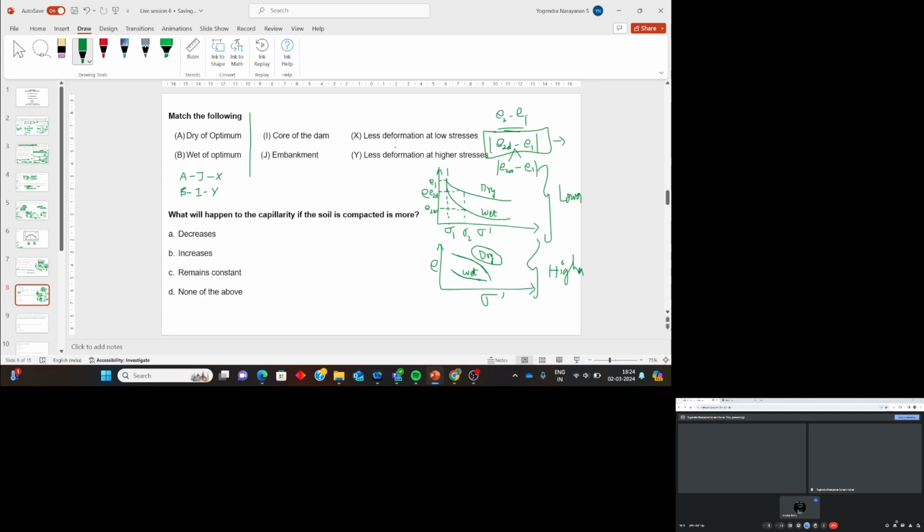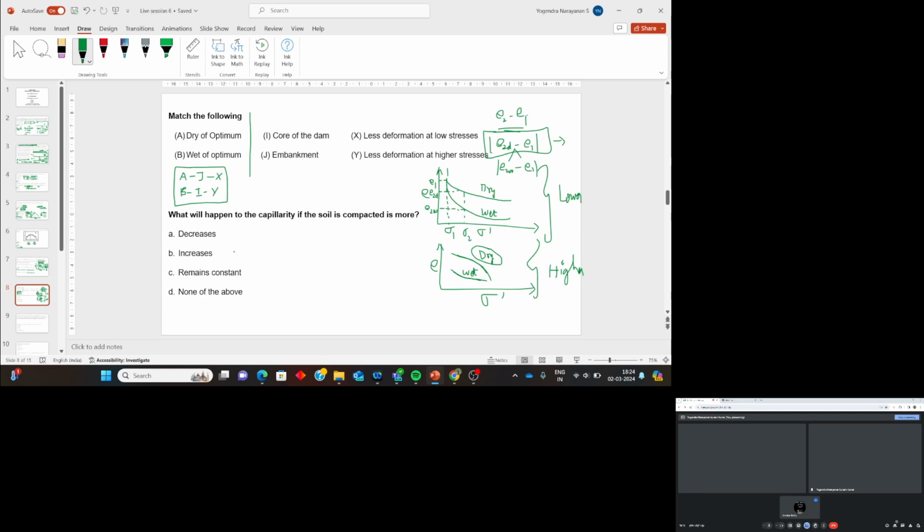Dry of optimum will undergo less deformation at lower stresses. So this is the exact match of answers. Are you clear, or do you have any more questions? Then let us move to the next question.